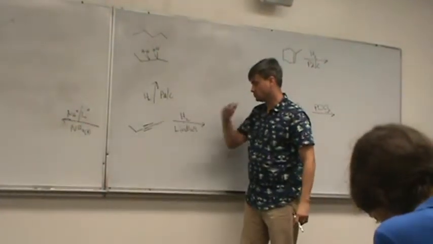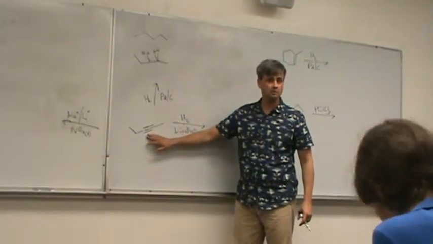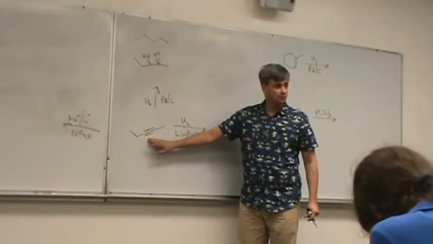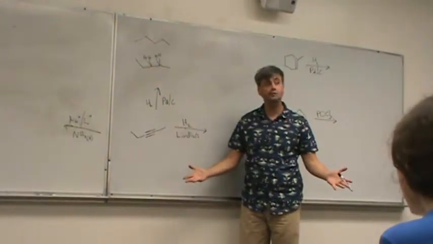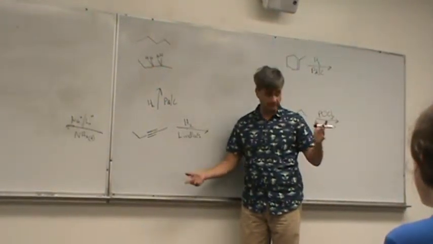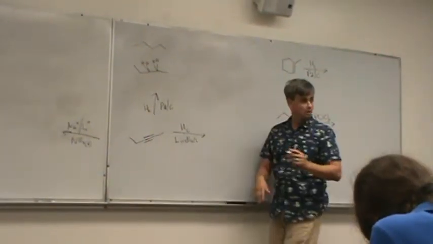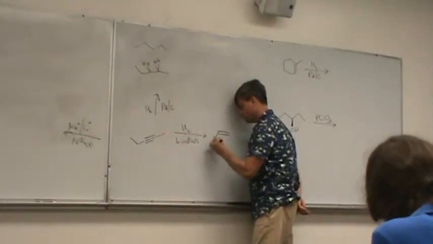Okay, so they turn it into alkenes. Do we get the same product? No, we get different products. How do they differ? Cis and trans. Exactly. Okay. Do you remember which one is which? Trans. Lindlar's is cis. So this is one of those cases where, maybe learn it with R groups, boom, boom, boom, boom.